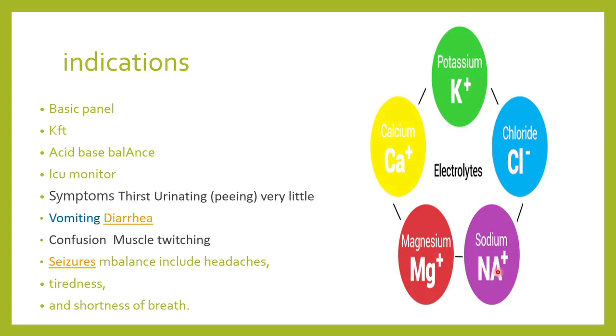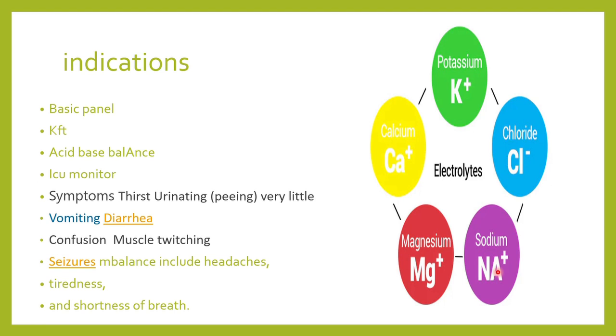When do they do this serum electrolyte test? Usually this serum electrolyte test, which includes sodium, potassium, chloride, is done as a basic panel, or it is usually included in a kidney function test. Or suppose the patient is in ICU, we are monitoring the patient, we do this sodium test.